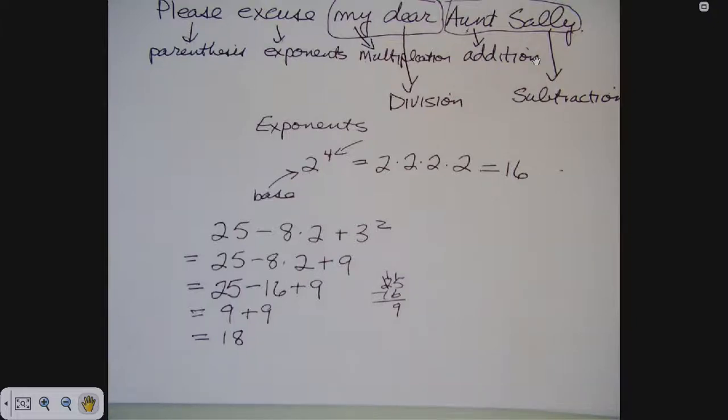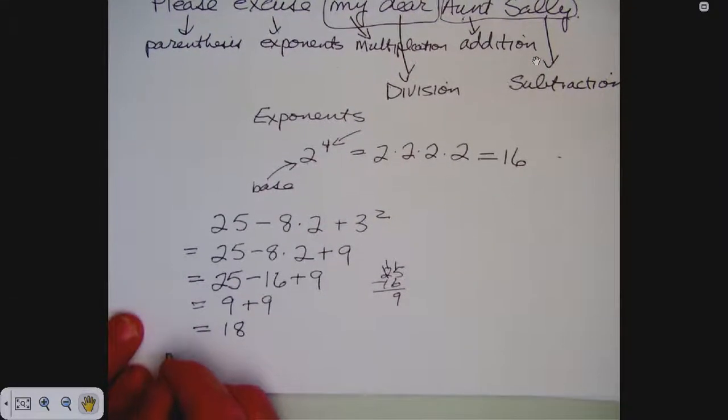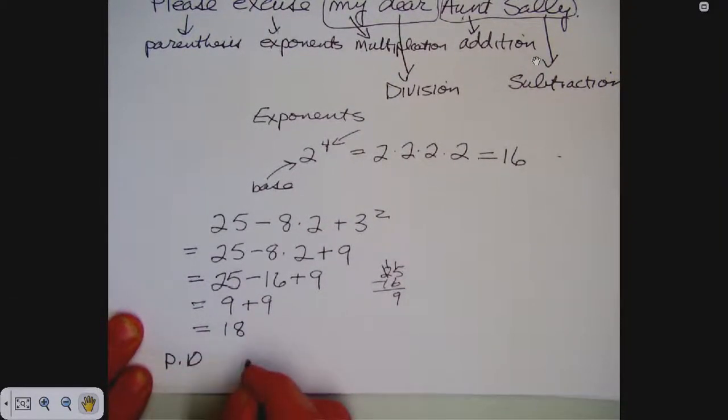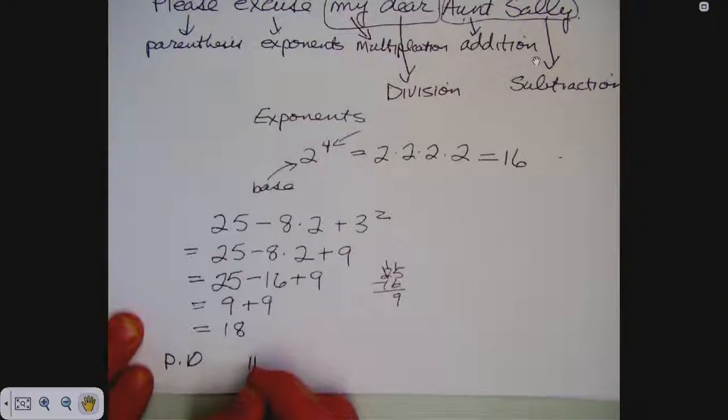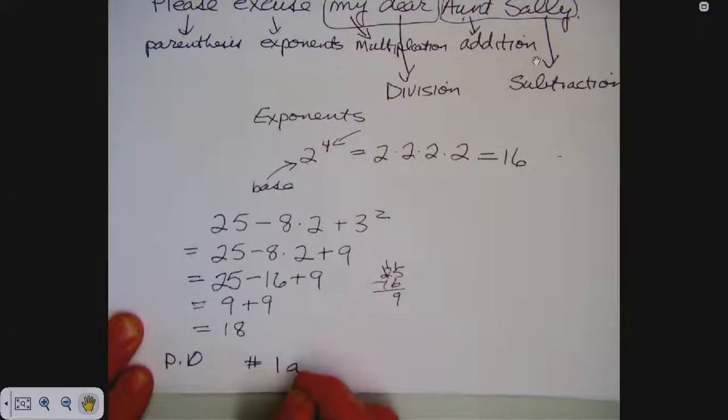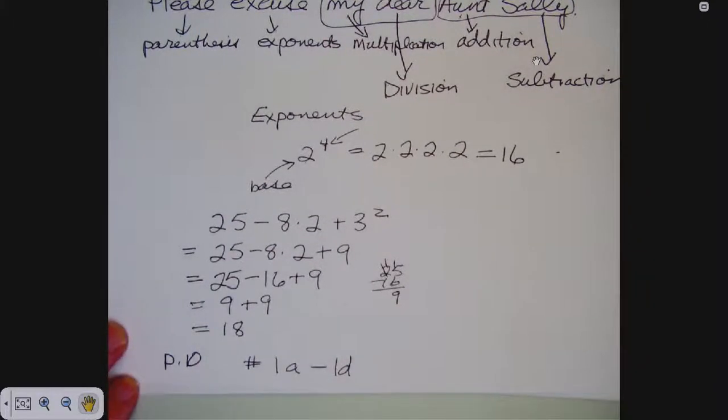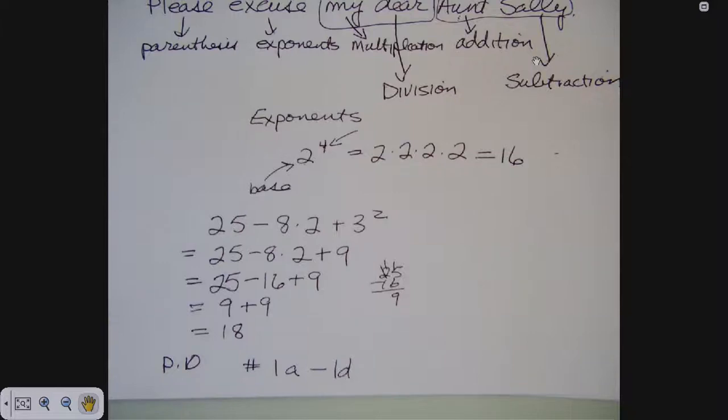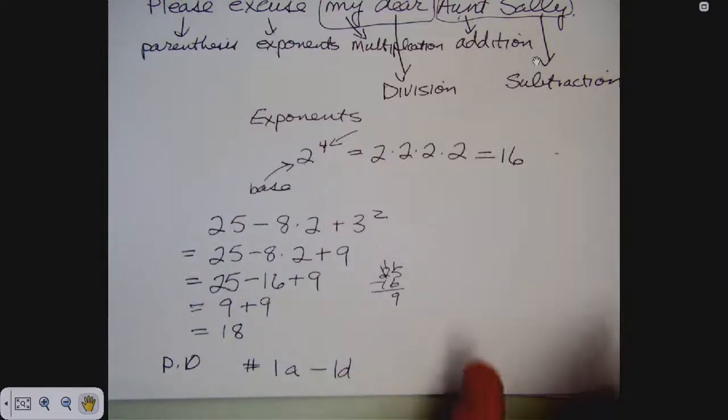So that's our first example. Okay? Now what I would like you to do now in your book on page 10, I would like you to do numbers 1A through 1D. Okay? And we'll pause this now, or if you're working at it yourself, do those and pause, and then we will go over those.